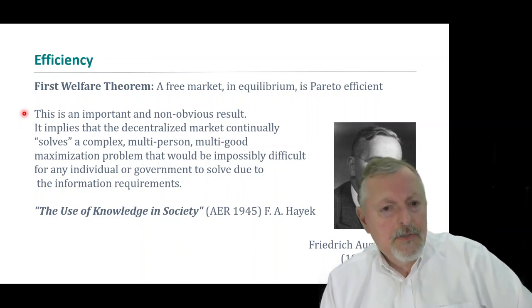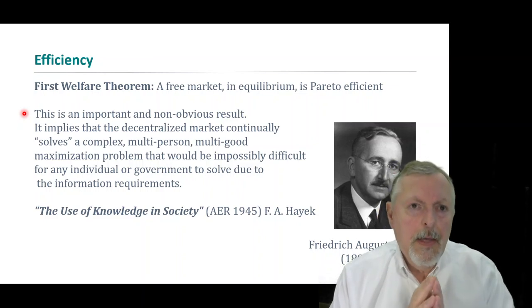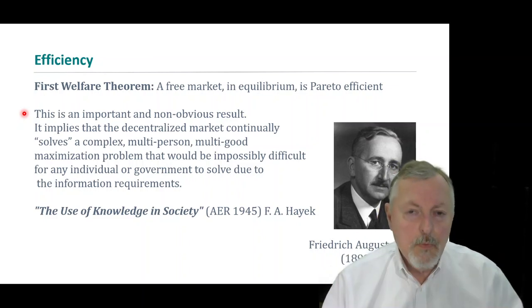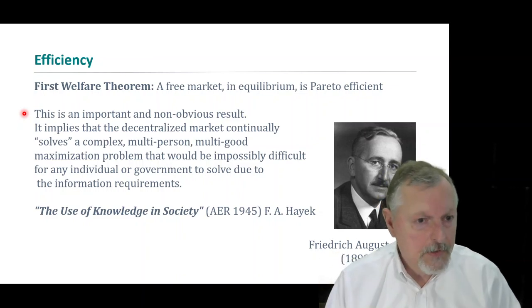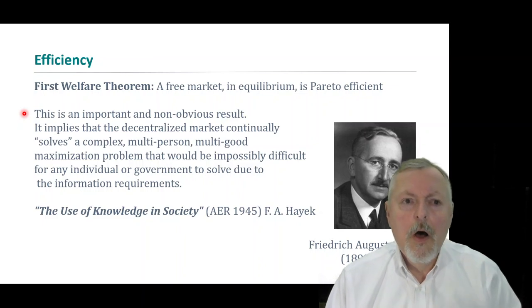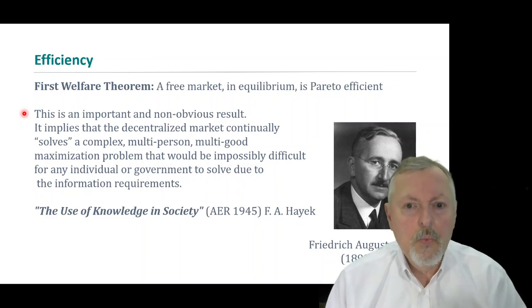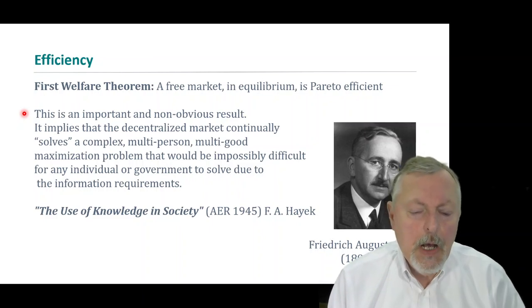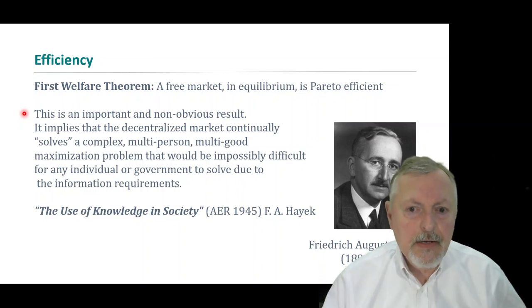The reason is that millions of people, millions of products, millions of prices, millions of people's preferences, all changing from one split second to the next, really is an incredibly complex mathematical problem.